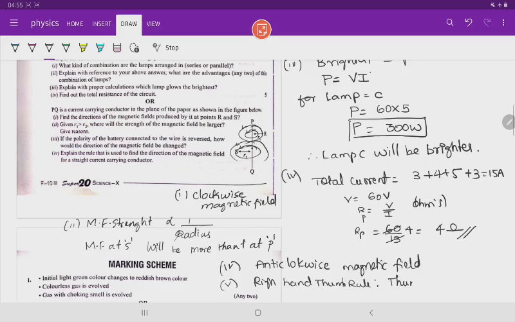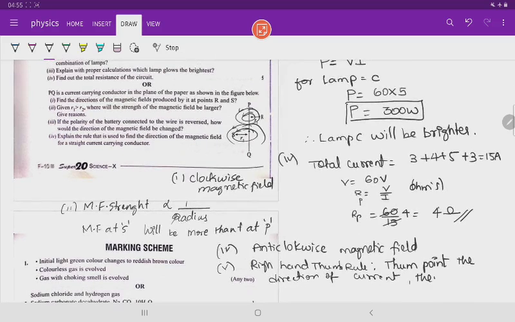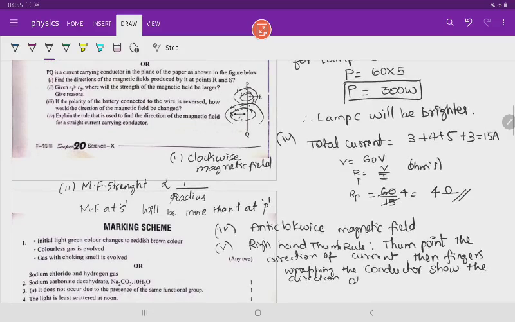Thumb points in the direction of current, then the fingers wrapping the conductor show the direction of the magnetic field. Hope you understood. The thumb points the direction of current, then the fingers wrapping the conductor show the direction of the magnetic field in a current carrying conductor.